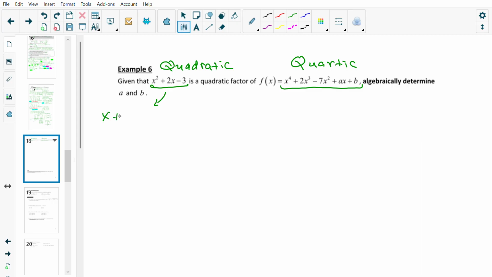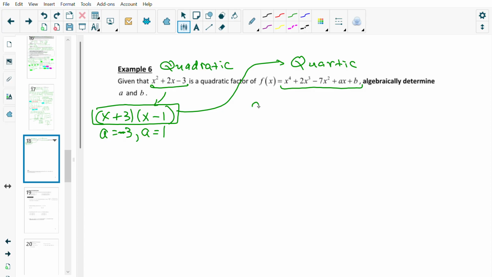Then the factors of this quadratic, if I factor this, that's x plus 3, x minus 1. That's an a value of negative 3, and that's an a value of 1. These factors are also factors of the quartic. Okay, so we can use that fact for a equals negative 3.